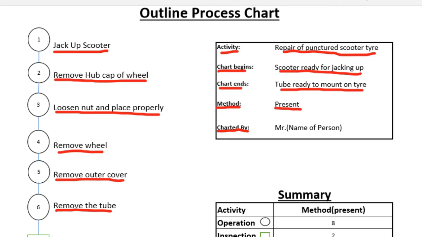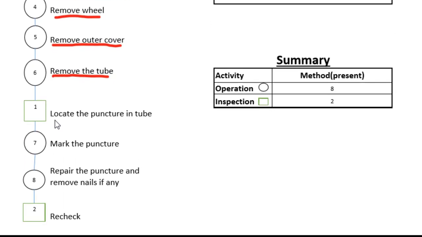So we are testing the tube because we want to locate the exact location of the puncture. Locating the puncture in the tube is a checking, testing or examining kind of activity, so we mark a square in front of this activity because that is an inspection kind of activity.